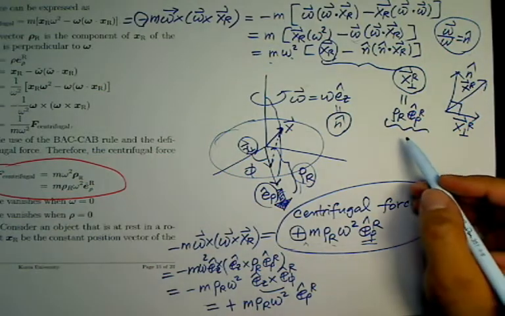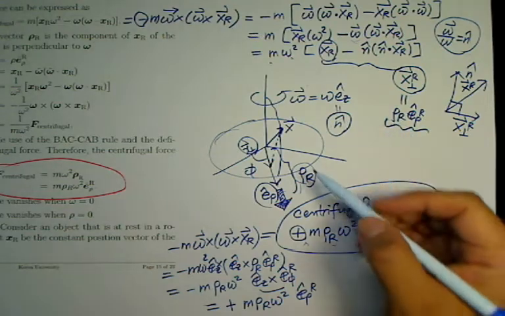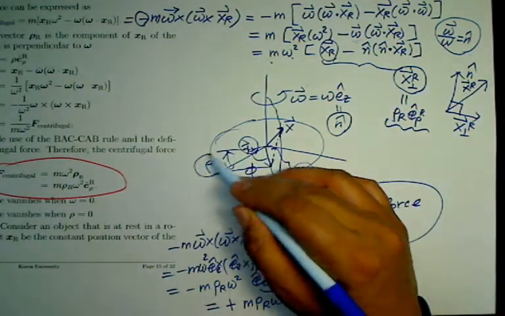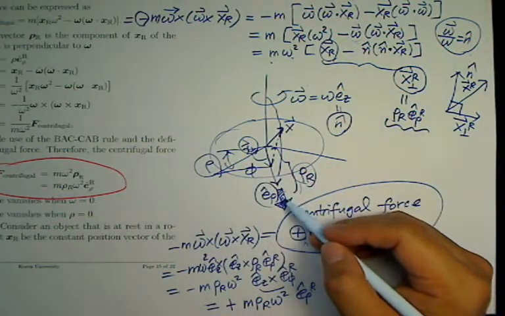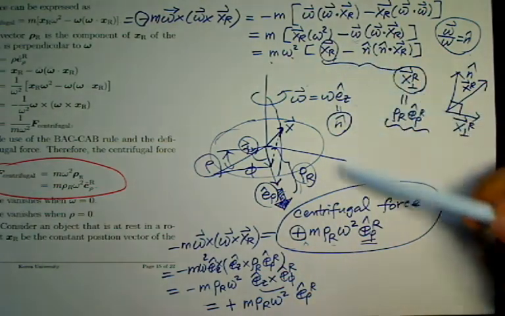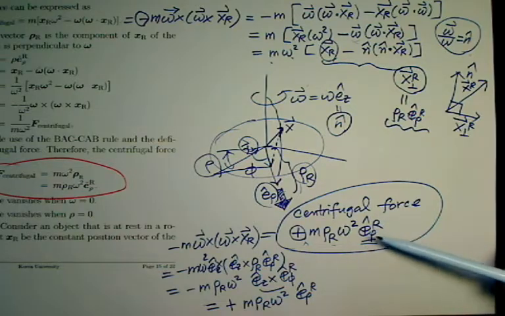Therefore x perpendicular has the magnitude rho, because it is measured in the rotating frame. We put a subscript r, rho r. So this is m rho r omega squared, and the direction is the planar radial direction.